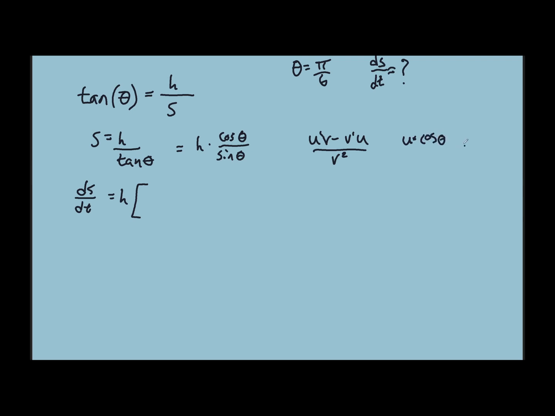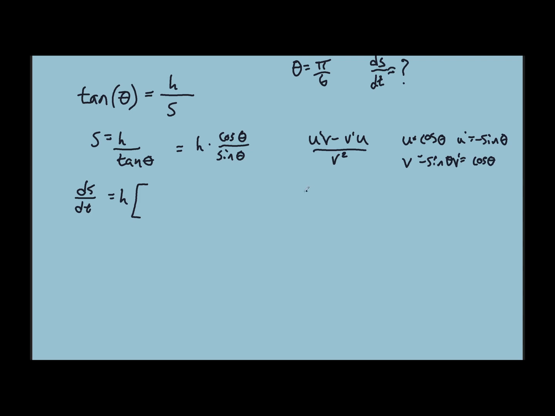So our u is going to be cosine. Our u prime is going to be negative sine. That much is obvious. V is going to be sine. And v prime is going to be cosine. Theta, theta, theta. All right.